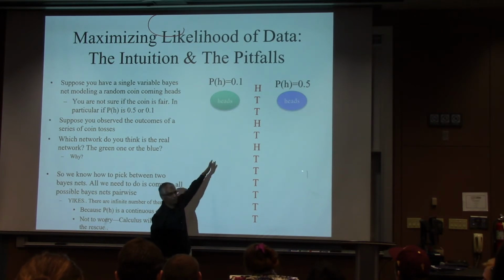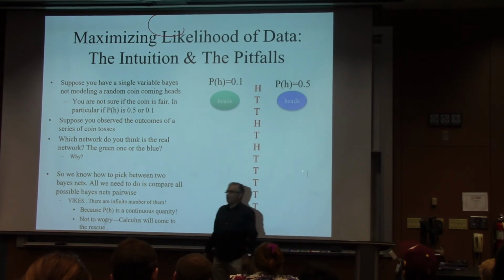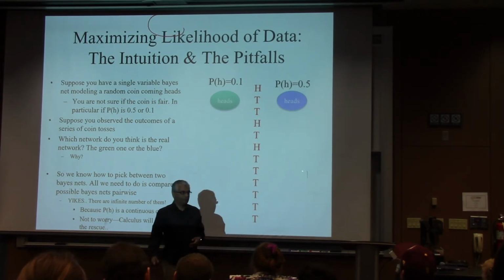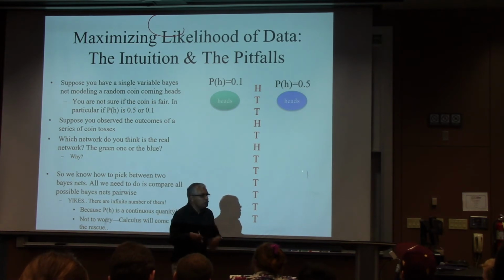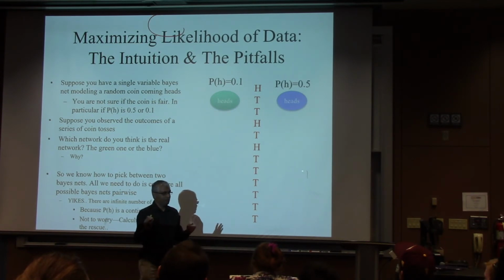So it's a highly biased coin. Or this fair coin, which comes up heads 50% of the time and tails 50% of the time. I'm trying to learn which one you really have. Right? That's what I'm trying to learn.